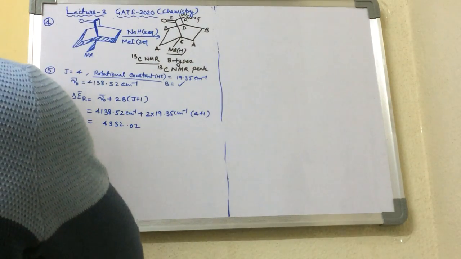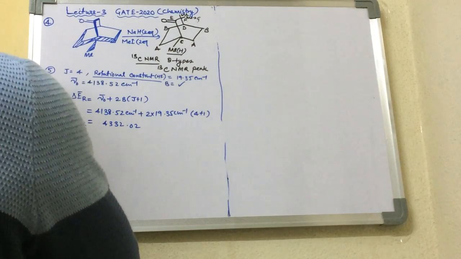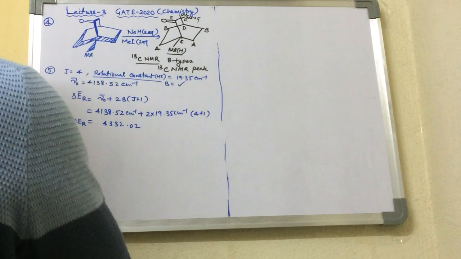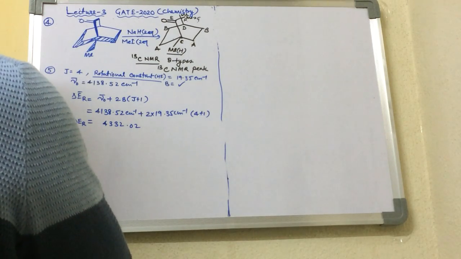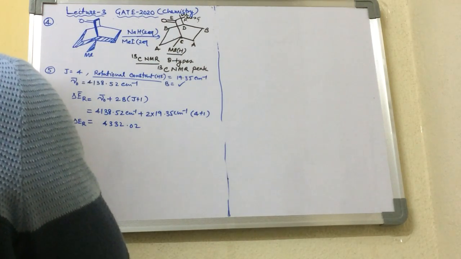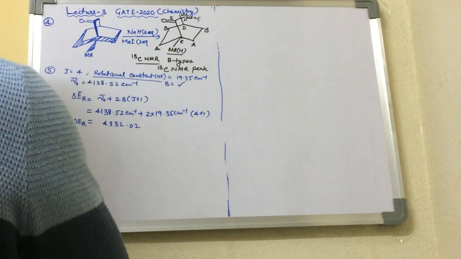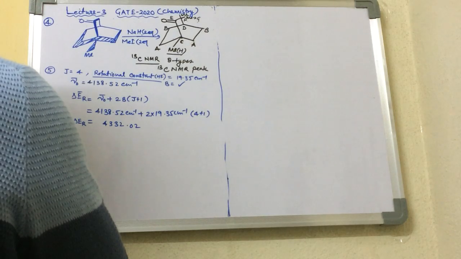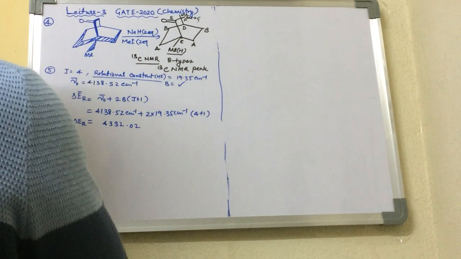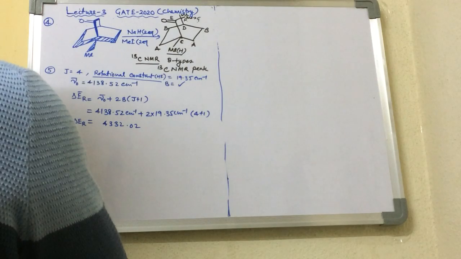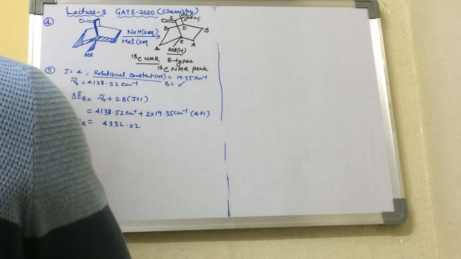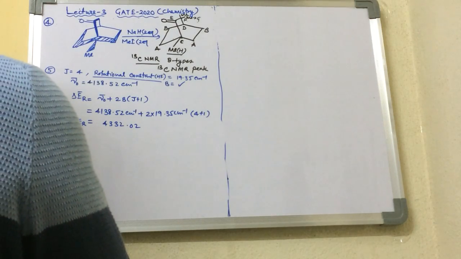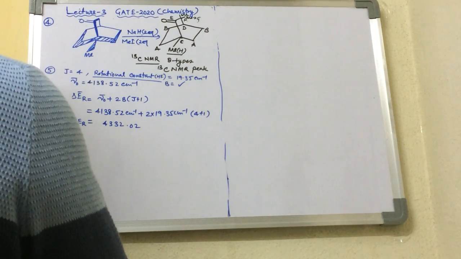Here question is, I am reading: the total number of g parallel lines expected in the EPR spectrum of the solution of bis(salicylaldiminato)copper(II), having pure 63Cu and 14N at 77 Kelvin.